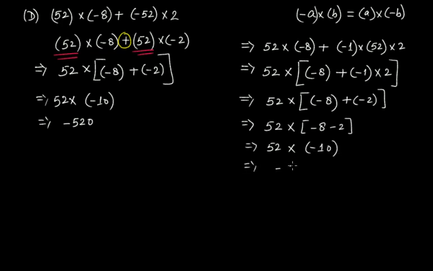This will give you minus 520, and both these answers are the same, right? So these were the two steps that you can follow. You can take either the first or the second. So these are the two steps for the same multiplication, and in following those steps you can clearly see that you are getting the same answer.